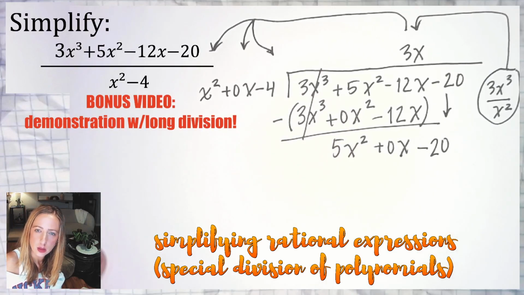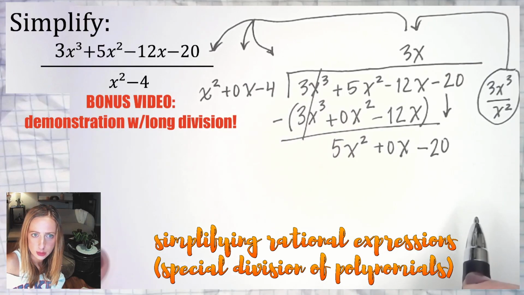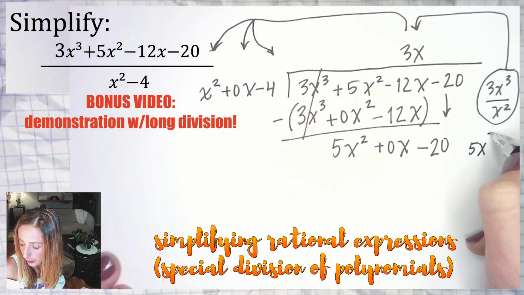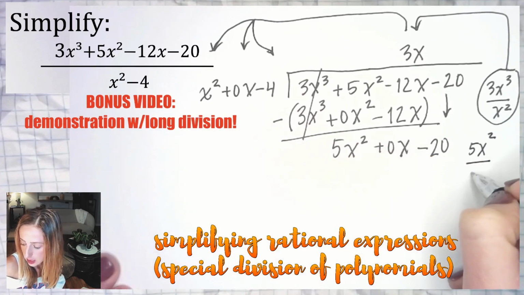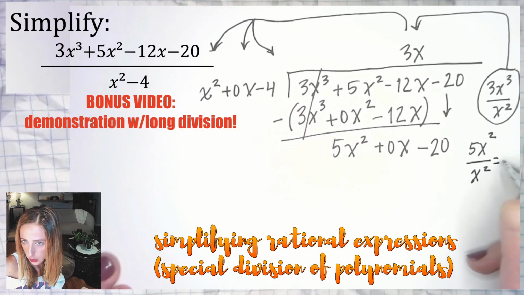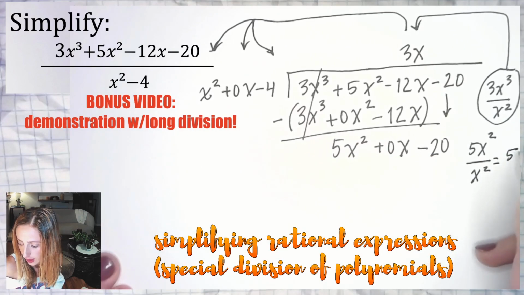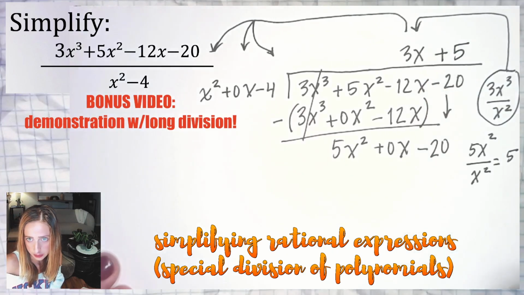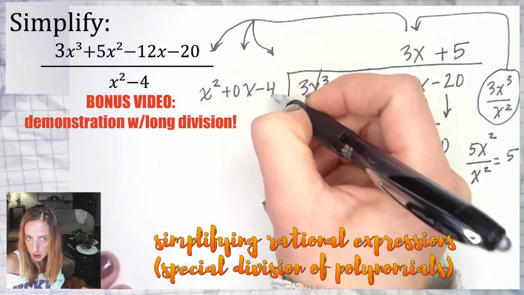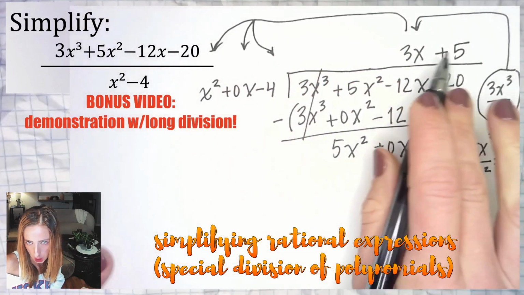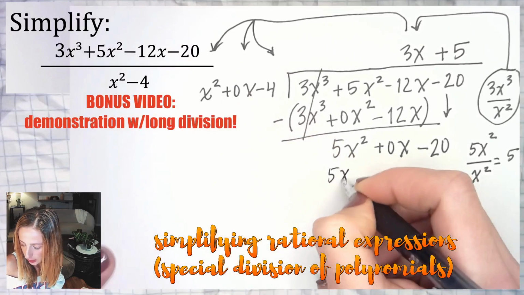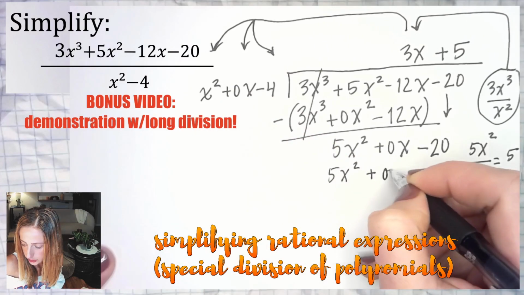And I'm going to divide the 5x squared by the x squared, and that will equal 5. And that's going to be a positive 5, so I write that right here, plus 5. And then again, I'm going to multiply it by all three pieces right there. 5 times bing, bang, boom. 5x squared plus 0x.